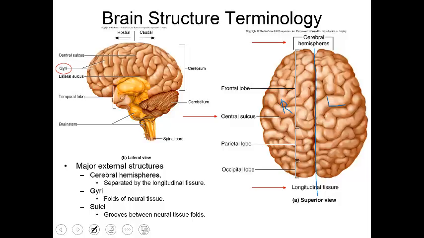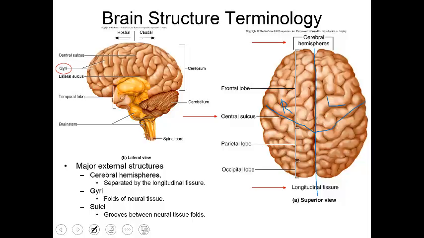Now we have a lot of gyri, a lot of sulci all along the surface of the cerebrum. There's one that clearly demarcates the front of the brain to the back of the brain. And this sulcus right here goes like this and like that. That is referred to as the central sulcus. So you have the longitudinal fissure that divides the brain into the left and the right hemispheres.